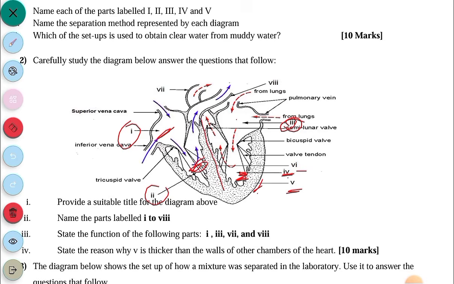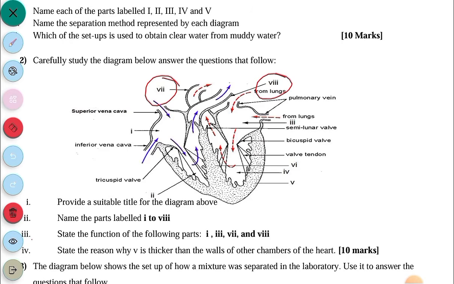It's called the septum. Then vein II is here. Vein II is the aorta. Then vein III is the pulmonary artery.